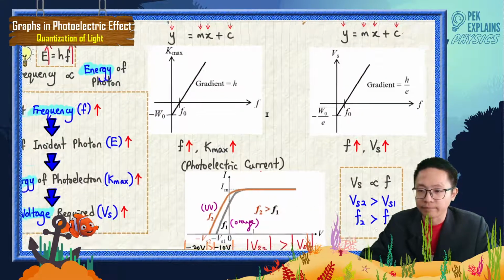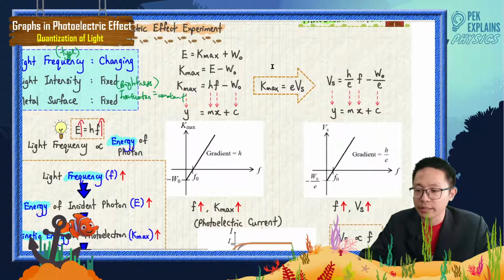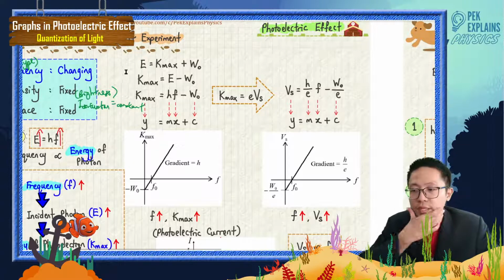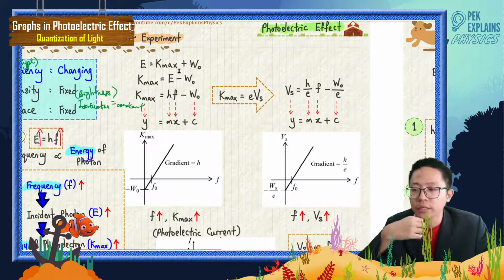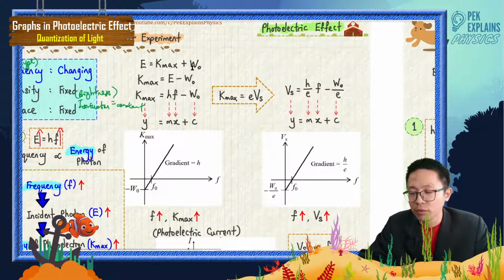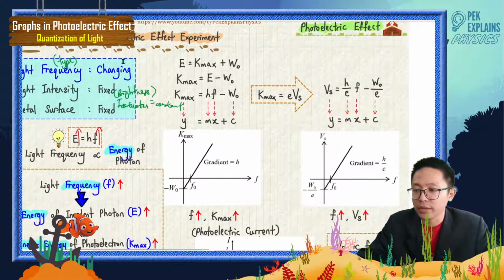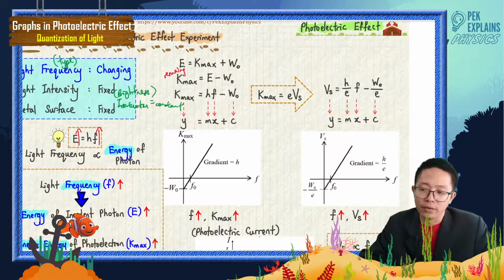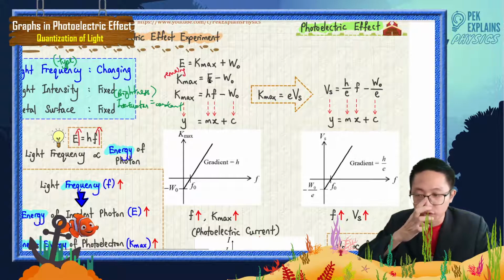Okay. Look at this graph, and we have another graph here to check. According to E equal to Kmax plus work function, we rearrange the formula. The work function goes to the other side. So Kmax is actually the remaining energy: the energy of the photon minus the work function.